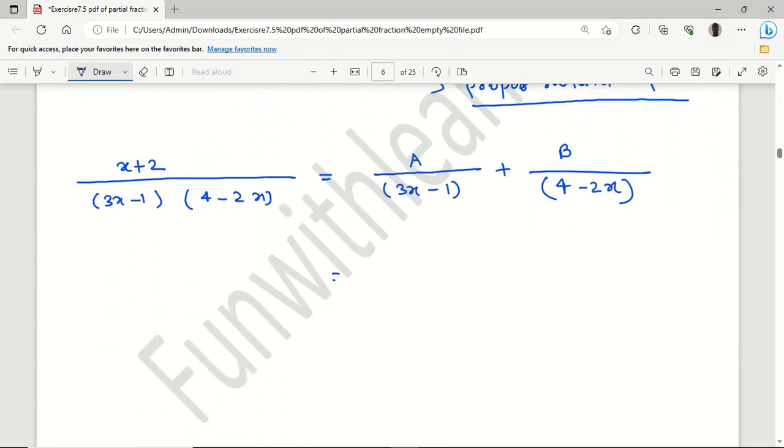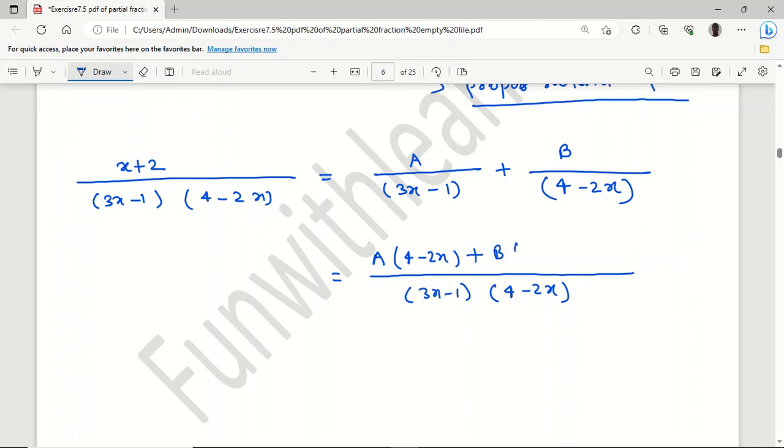So I am solving the RHS. Once I take the LCM, I get 3x minus 1, 4 minus 2x. Both are the same; I just want to find A and B by comparing the numerators. So I'll write A into 4 minus 2x plus B into 3x minus 1. There is no need to cancel the denominators; I will just compare the numerators.